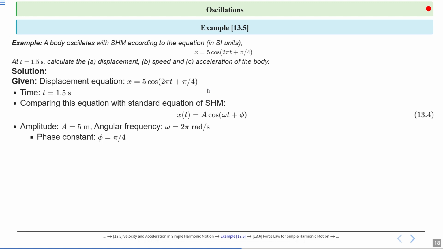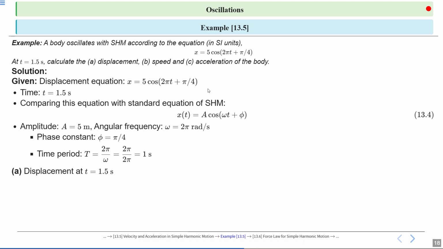This value shifts the entire motion along the time axis, meaning the oscillation does not start exactly at the maximum displacement. The phase affects the starting position of the motion. Time period T equal to 2 pi divided by omega, and here omega is 2 pi, so T equal to 1 second. This means the body completes one full oscillation every second.